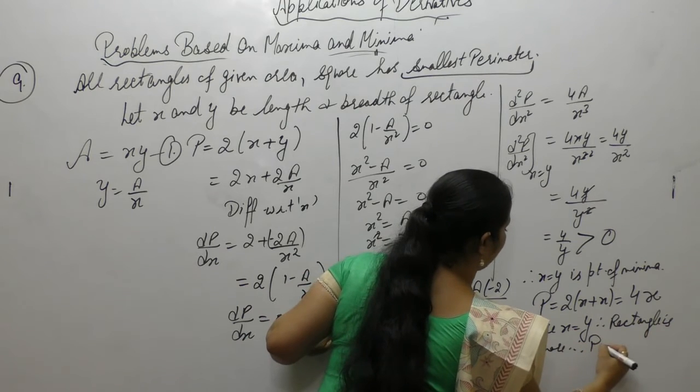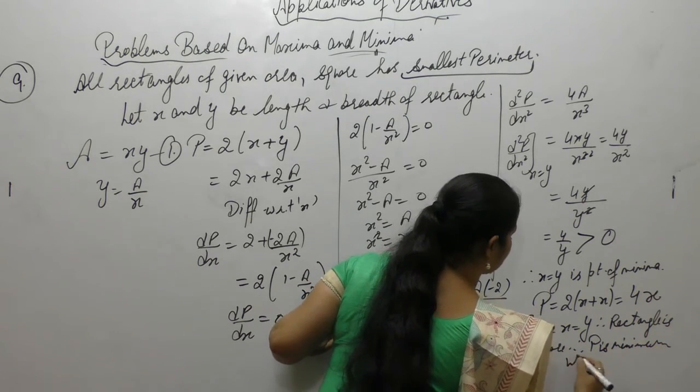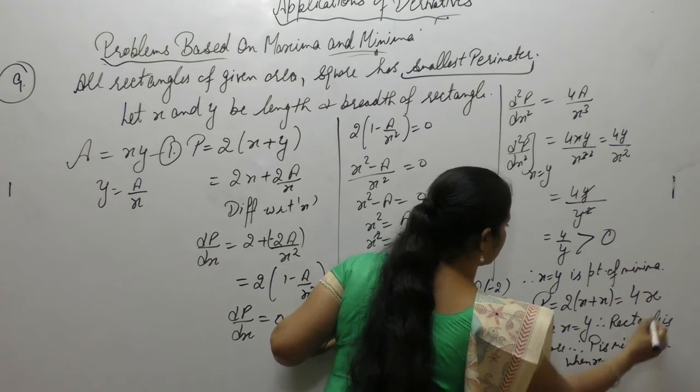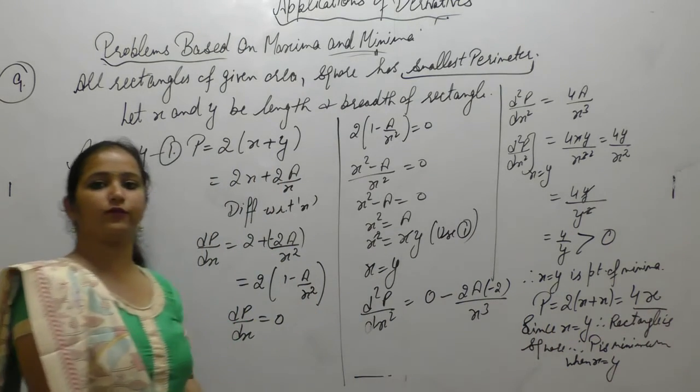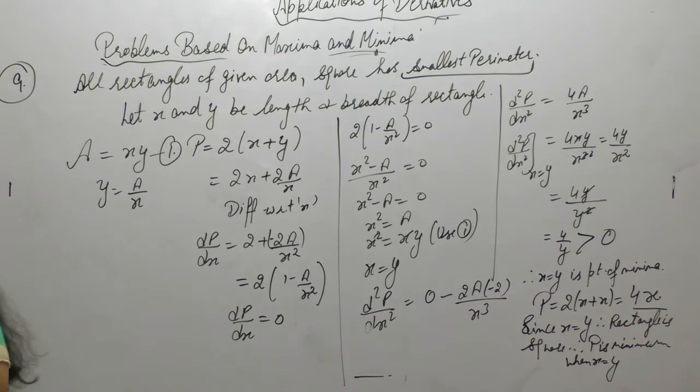And therefore perimeter is minimum when x is equal to y. So this is the perimeter of a square, 4 into side. Note it down.